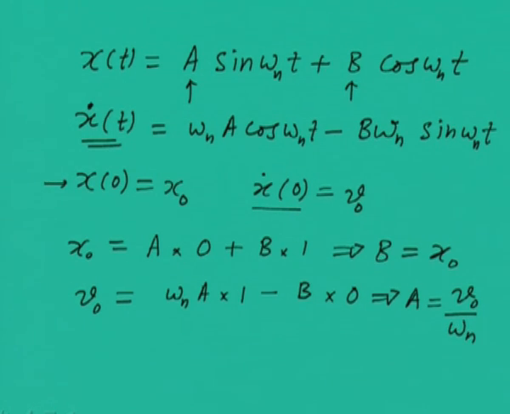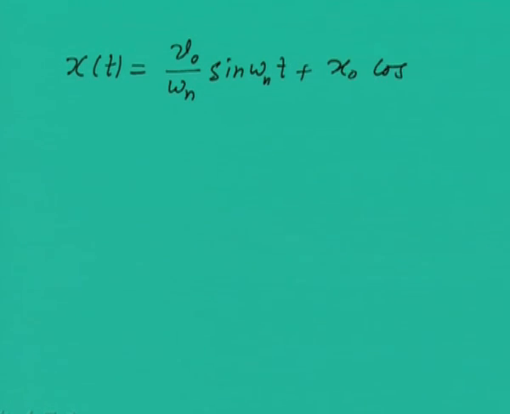So we got these two constants, and we can substitute them in the original equation here. This quantity is v naught by omega n and this is x naught. So that means we can write our solution as v naught by omega n sin omega nt plus x naught cos omega nt.